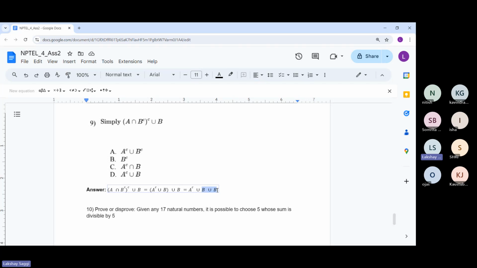So here, if I perform this B union B first, then B union B will just give me B, because X union X is also X. So this will just be equal to something like A complement union B. I hope this is clear to everyone.